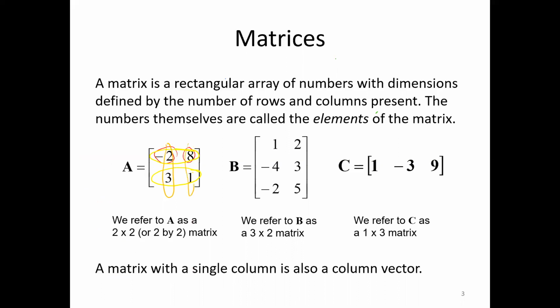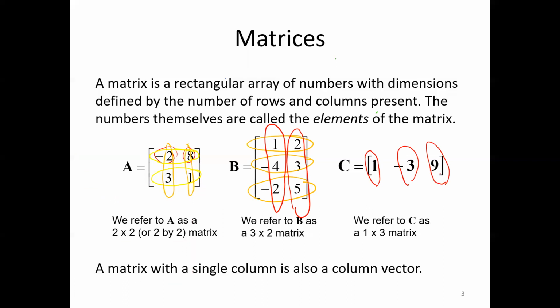And also for the matrix B, as we can see, it has 3 rows here, so that's 1, 2, 3, and 2 columns, which is 1, 2. And the last one here we refer to as 1 by 3 because it has only 1 row and 3 columns. 1, 2, 3.